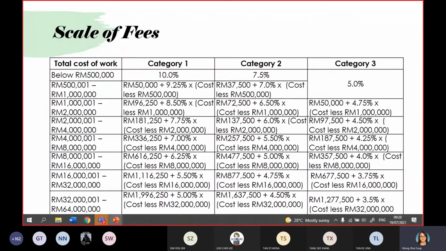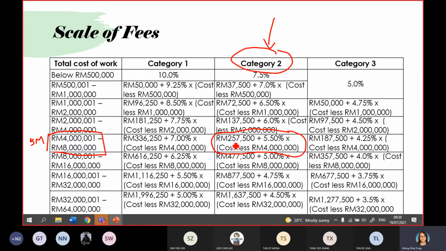So say for example, your work is under category 2, and your total construction cost is, let's say, 5 million. You have to use this formula to calculate the professional fee.